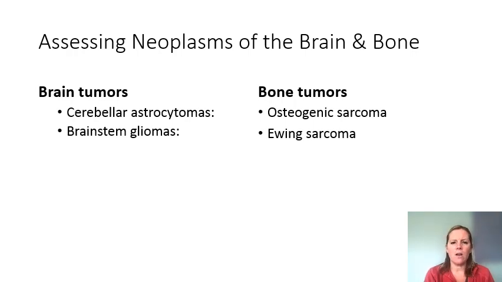Your Ewing sarcoma, this is more pain that's intermittent at the site of the bone where the neoplasm is. It starts intermittently and then it becomes constant and severe. So it kind of progresses. And typically with the Ewing sarcoma, we see kind of an onion skin type reaction on the x-ray, which kind of looks like onion peels, which is kind of classic of the Ewing sarcoma.